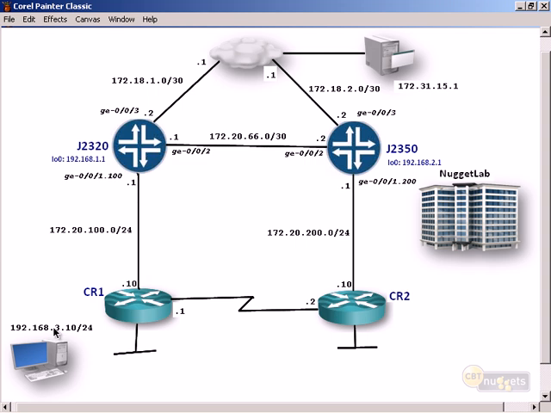To be specific, the 2350 is at 168.3.4, and the 2320 is at 168.3.5. Those interfaces are being dedicated to actually accessing those devices, in my case through Poderosa with Telnet connections. So I want you to keep in mind that's what's going on also kind of under the hood.